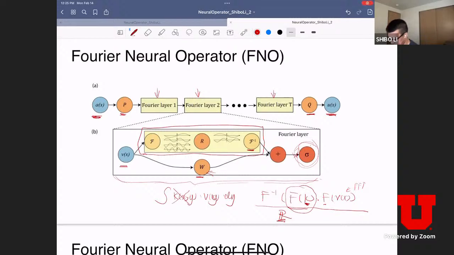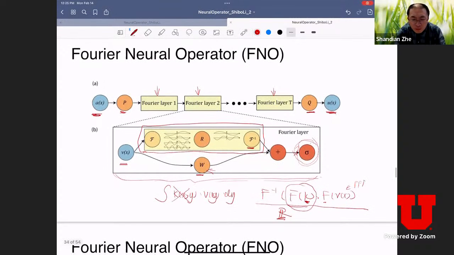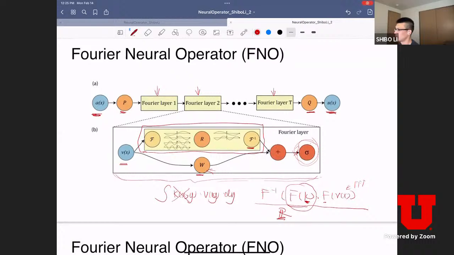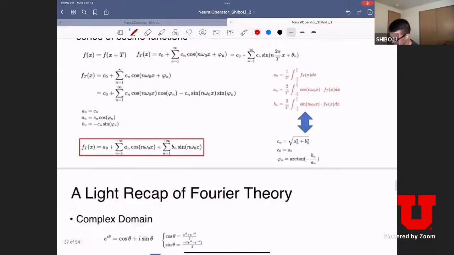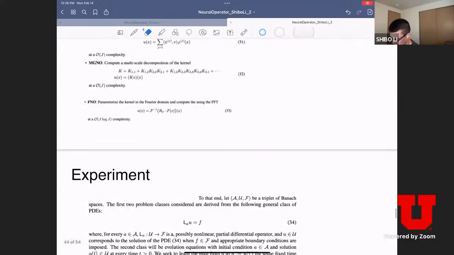Another good thing about this Fourier neural operator is that you can truncate the frequency components, so it can discard unimportant components of the PDE system. Let me give an example.